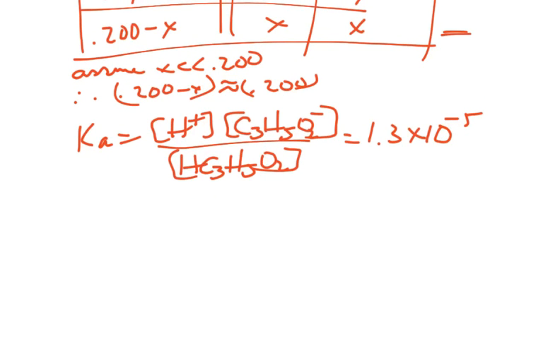So I can substitute these values in, and I have x squared over 0.200 is equal to 1.3 times 10 to the negative 5.